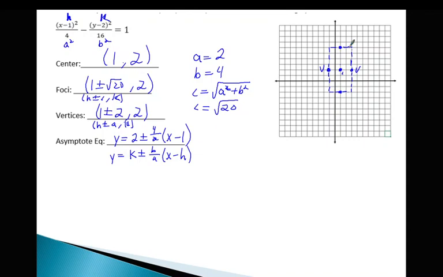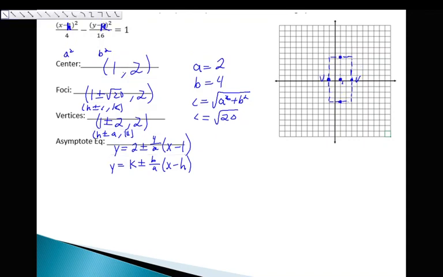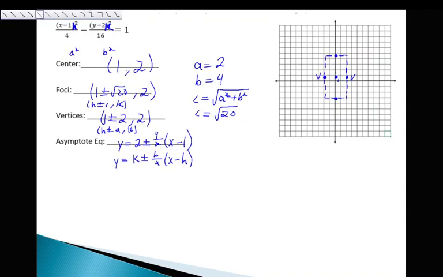Now, I'm going to create a dotted line, an asymptote, using the corners of those. So from corner to corner, like this. There's one of my asymptotes. And then this one, it's not cooperating with me.